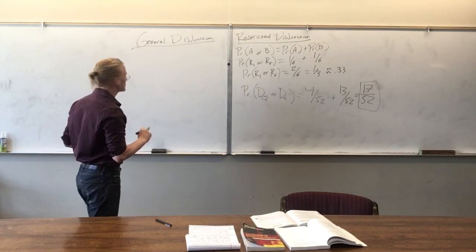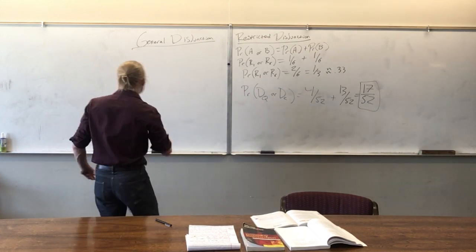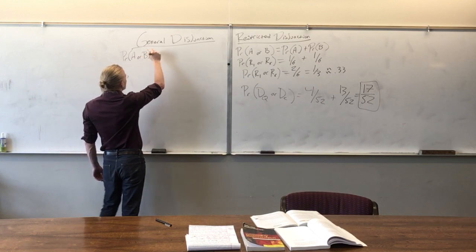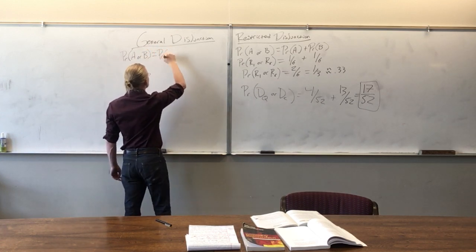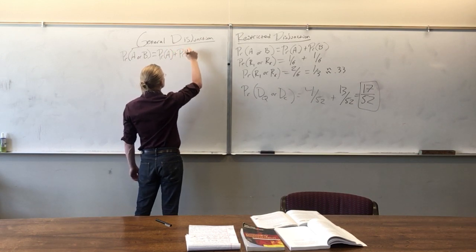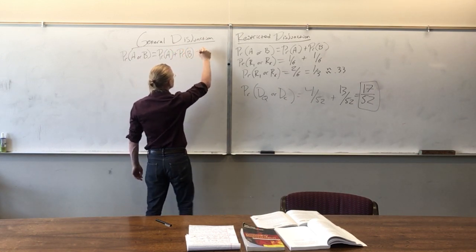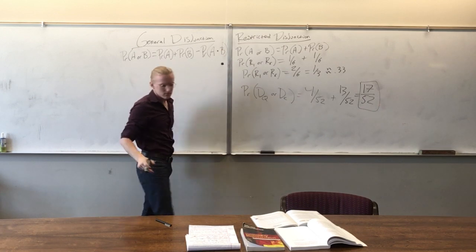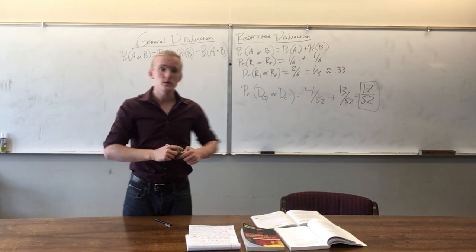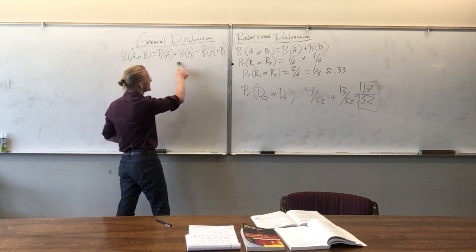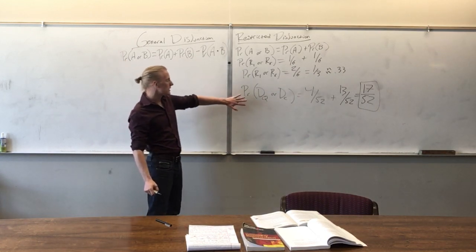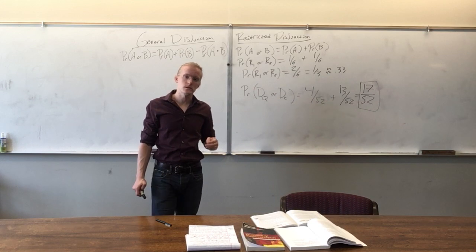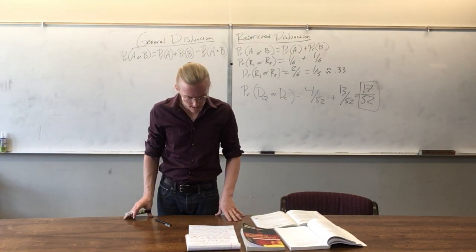So first, the formula itself, which is probability of A or B equals probability of A plus probability of B minus the probability of A and B. So what this is meant to do is to negate the problem that our restricted disjunction rule can't deal with, which is the problem of non-mutual exclusion, or mutual inclusion, as we might say.